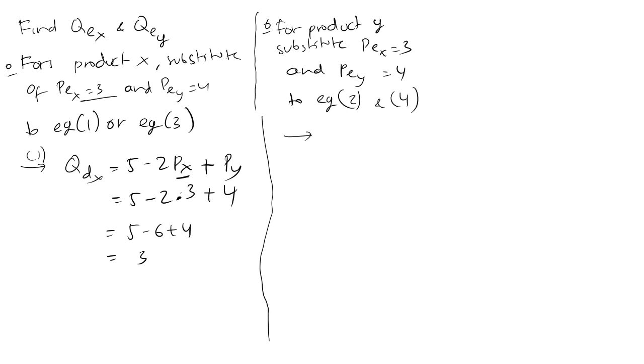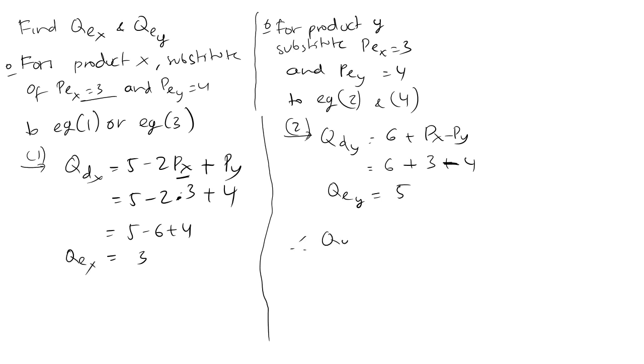Then I choose 2. So QDY is 6 plus Px minus Py, and that is 6 plus 3 minus 4, and that is 9 minus 4 is 5. Now you can change the name to QEy. Oh, I forgot this, QEx.